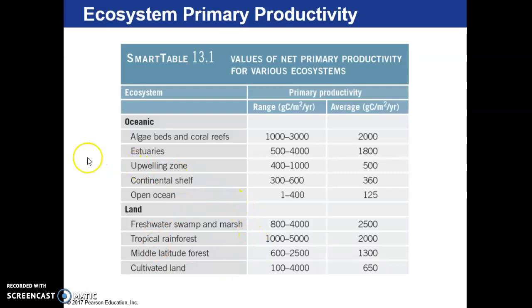So these are just some different ecosystems and where that productivity comes from. You can see in our oceanic ecosystems, we have algae beds and coral reefs, estuaries, upwelling zones, continental shelves, and the open ocean. You can see what the average level of productivity is for each of these. Our most productive areas are our algae beds and our coral reefs.